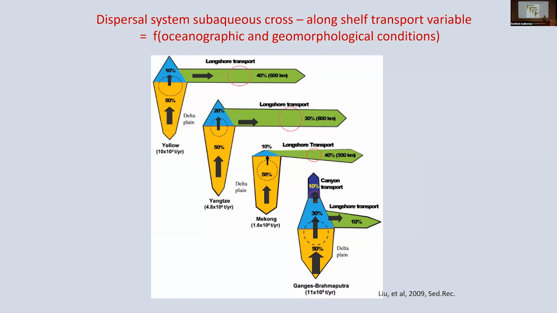This is from Paul Liu and others, summarized some of this from a few years ago. And you can see that in some cases, 40% of the material brought by the river that doesn't end up here goes along the shoreline. So deltas impact regions laterally that are much greater than just where the river enters the ocean. And I'll show you one of the consequences of that in a minute.